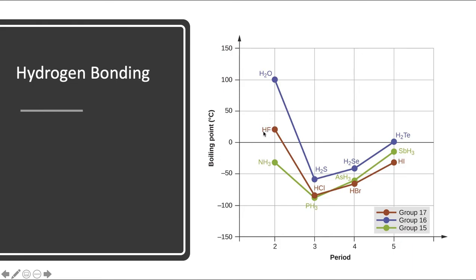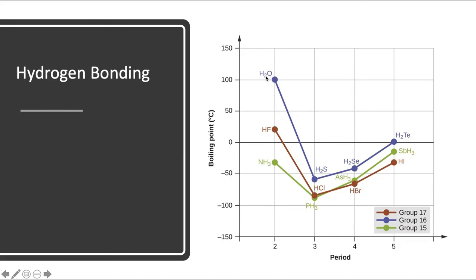Fluorine can only hydrogen bond in one place because there's only one HF bond. Now NH3 has three different bonds, but it's not as strong as water because oxygen is more electronegative than nitrogen is. So as you can see, it also makes a difference how many types of hydrogen bonding you can form.